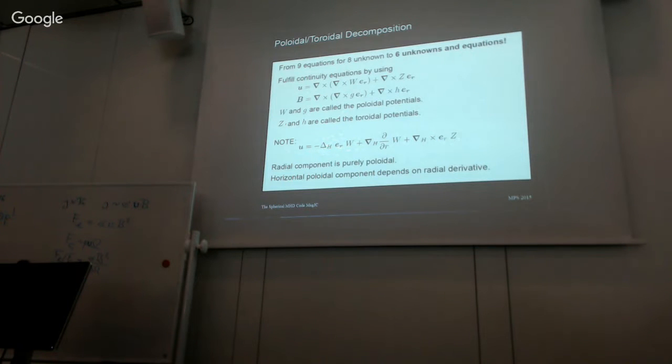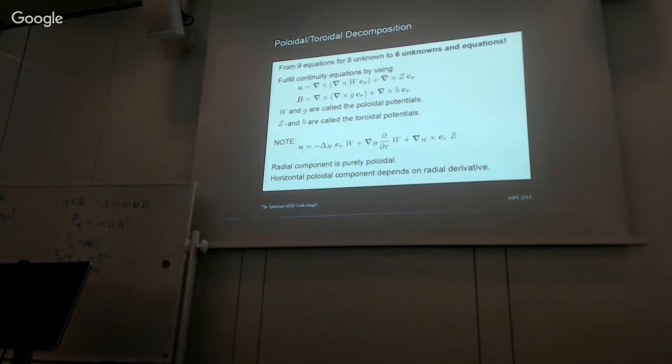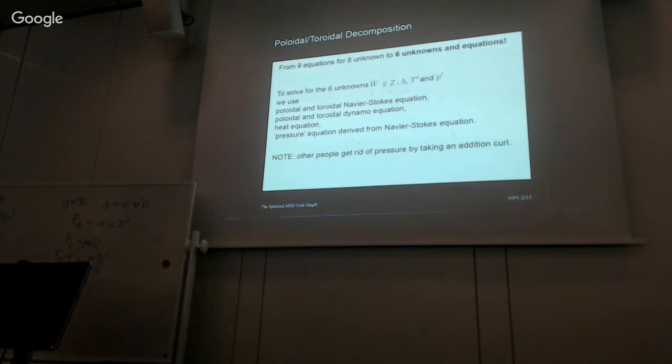We'll come back to that later. And then the horizontal components of the poloidal field depend on the radial derivative of the poloidal field. Important to remember. But the radial component is purely poloidal. And so this is the only magnetic field component that could potentially leave your dynamo check.